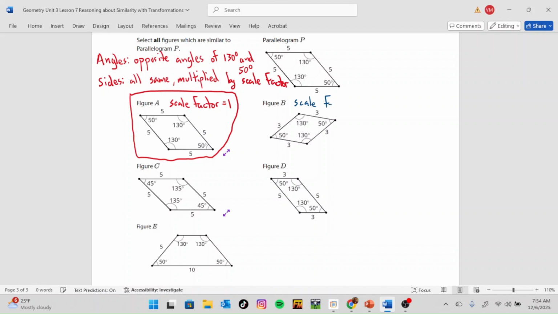Well, I can go from 5 to 3 if I multiply by 3/5. This hits all 3 of our points. So figure B is similar to the original figure.